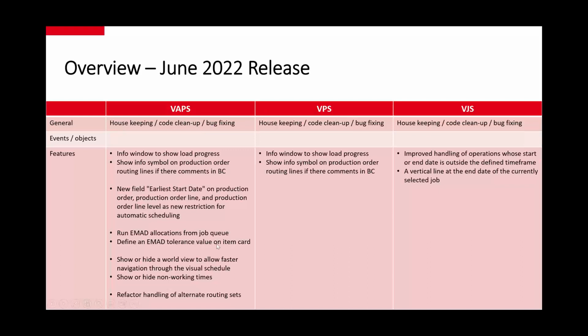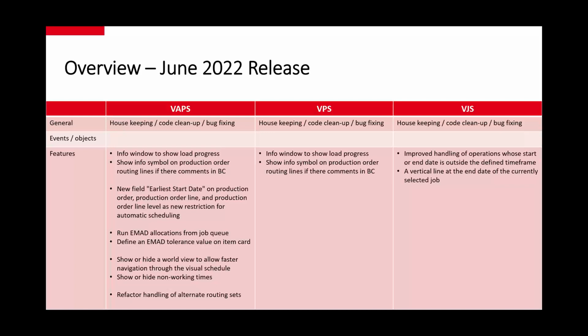Then we actually added a new constraint that could be used for scheduling purposes, and we added it to the production order line, and to the production order routing line, it should say. And we could use this as a new restriction for scheduling.